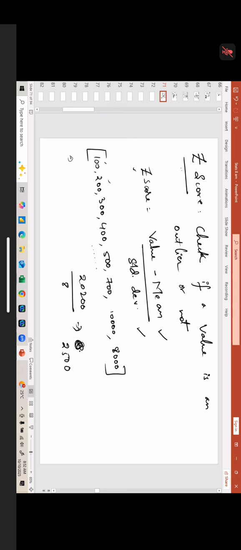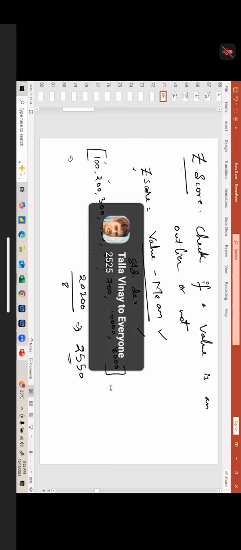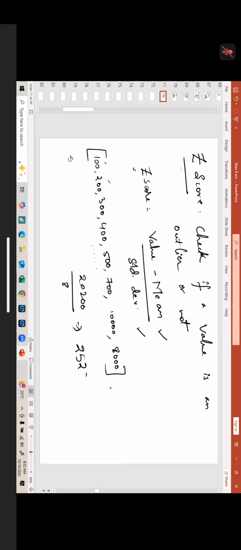Can someone tell me the exact value? The exact value is 2525. This is our mean value.